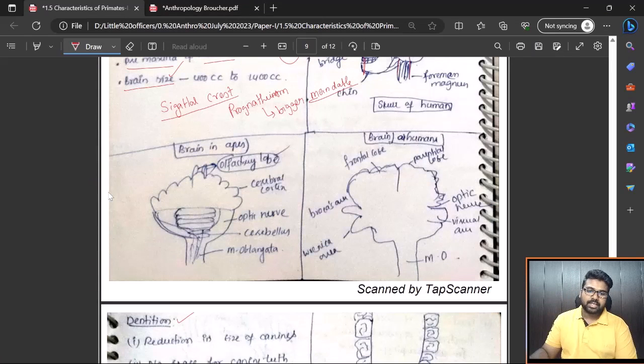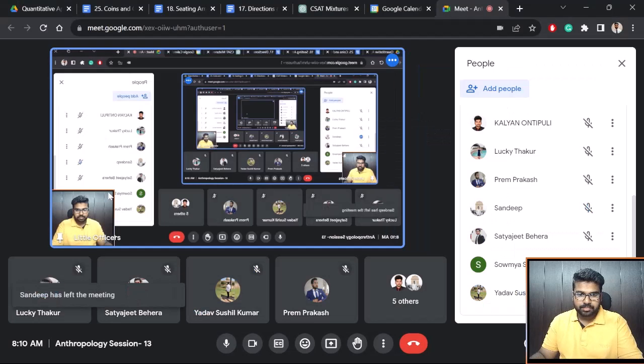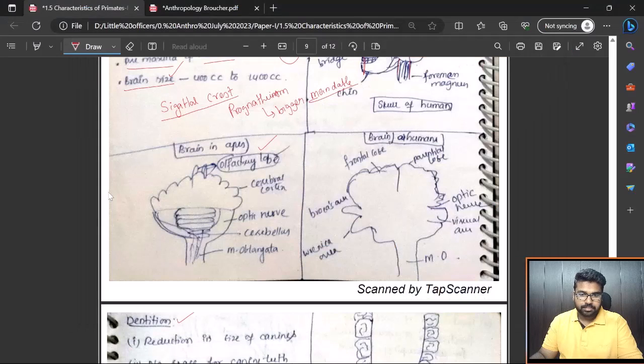The same can be seen. Look at this. In apes there is a bigger olfactory lobe which provided them extra sense of smell. But in humans, it became very, very small. It became a small thing like this. So that reduced the sensing ability of smell, but at the same time, it has also increased our capacity for vision.